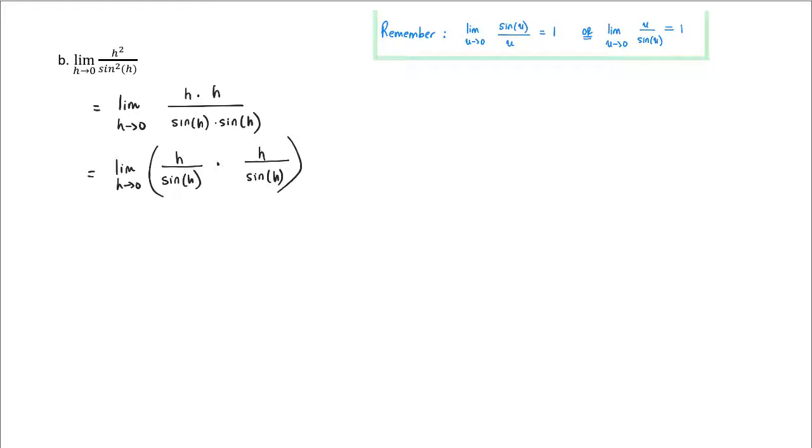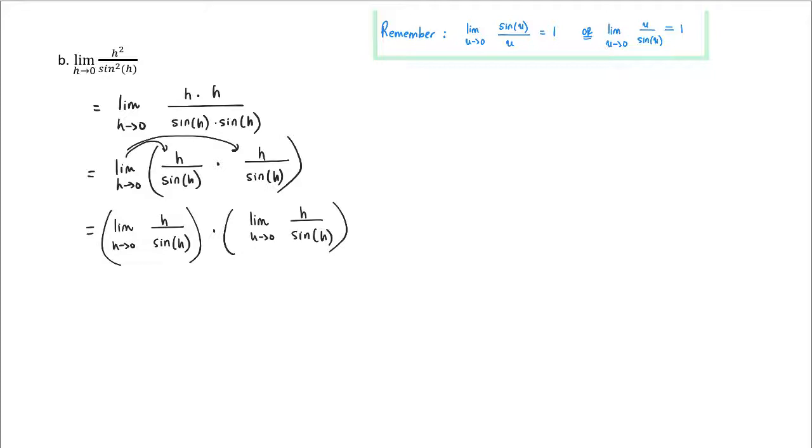So that means that I can apply my properties of limit. I can rewrite this with the limit as h goes to 0 applied to each factor. So this will be the limit as h goes to 0 of h over the sine of h, and then over here times the limit as h goes to 0 of h over sine h.